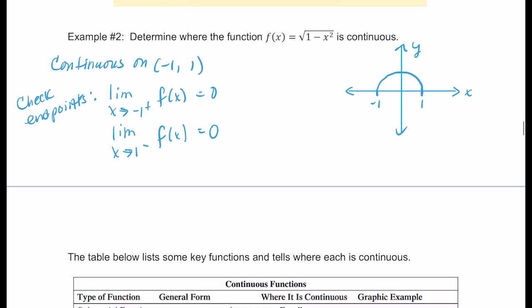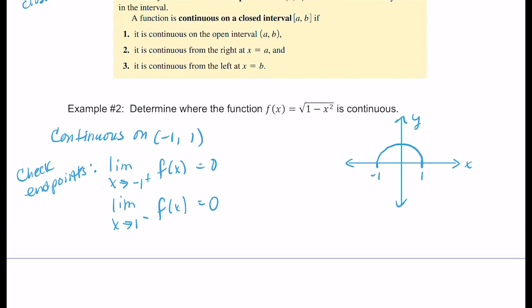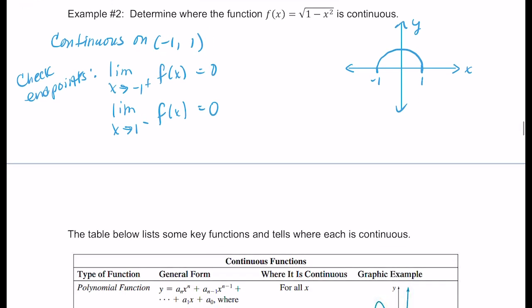Now, since both of my one-sided limits are equal, and I also know that it's continuous on that open interval, I know that the graph is continuous on the closed interval, negative 1 to 1. So therefore, it's continuous on the closed interval negative 1 to 1. And again, we use parentheses for open intervals, brackets for closed intervals.